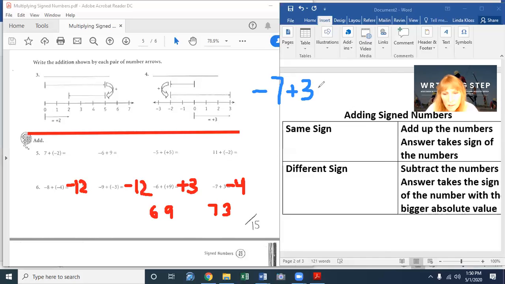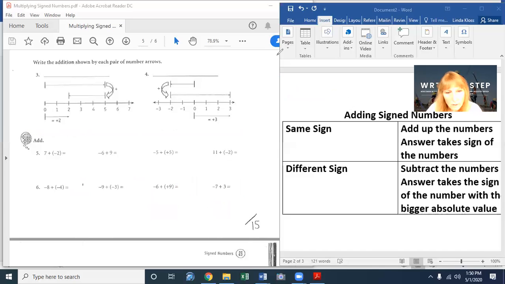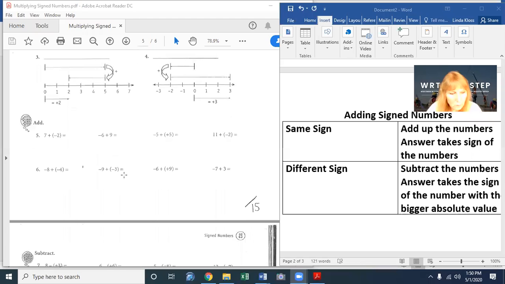So in the end, if you owe $7 but you have $3, are you going to end up in the positive or the negative? Right, you're going to be in the negative, and how much? You pay back what you owe with what you have in your pocket, you're still going to owe somebody $4, right? So that's another way of thinking of it. A lot of times that works well. Okay, let's clear our drawings, and let's go on to subtraction.